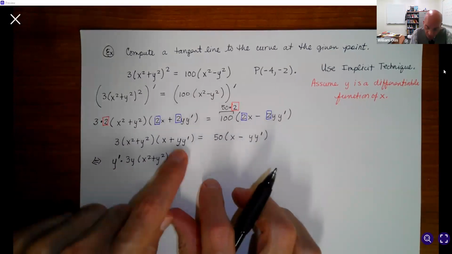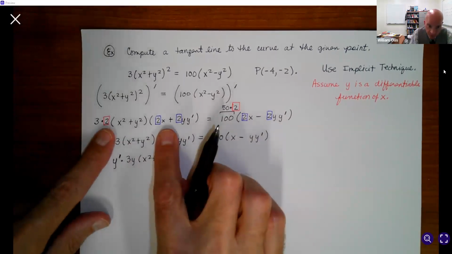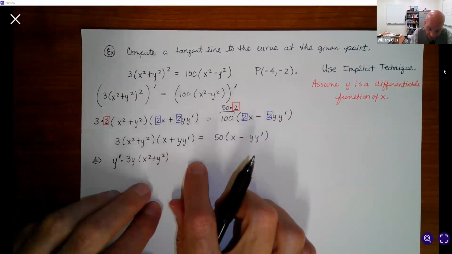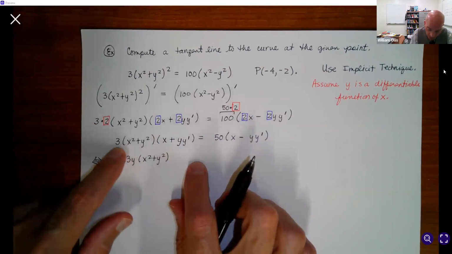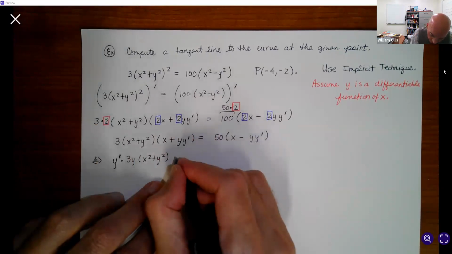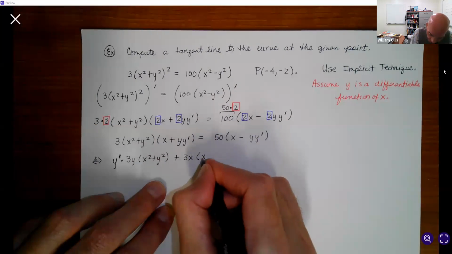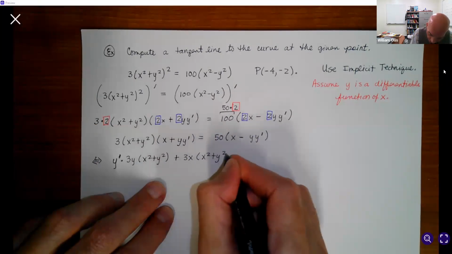So we multiply y prime times this factor here to give us this. And then, of course, we have the x times the same factor, which we can just leave out to the side. So plus 3x times x squared plus y squared.